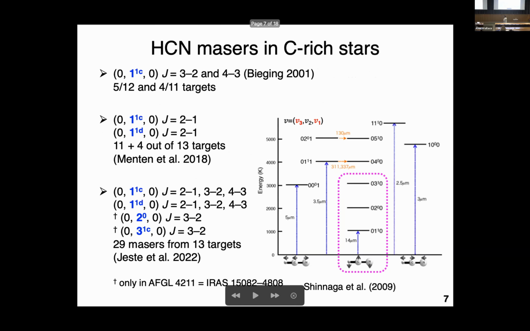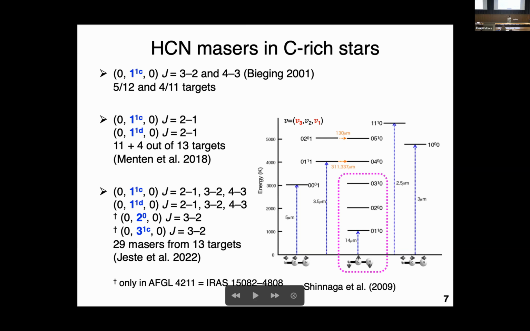If you go higher, there is also the detection of a v2 equals 3 maser in one of the sources from the APEX survey that I just mentioned. In total, Manali Jasti has discovered 29 new masers from 13 carbon-rich stars. Most of them are in the v2 equals 1 level, which is consistent with other historical searches.